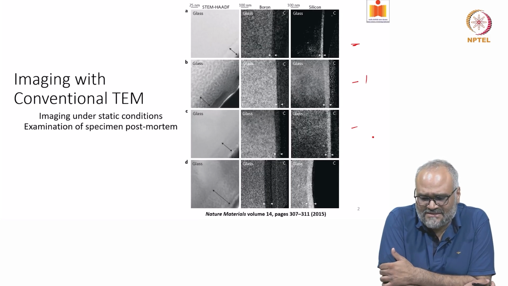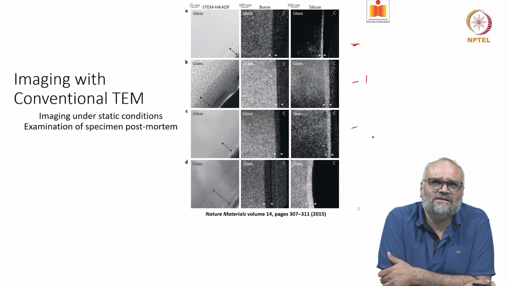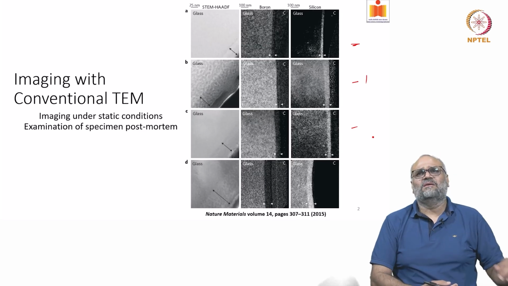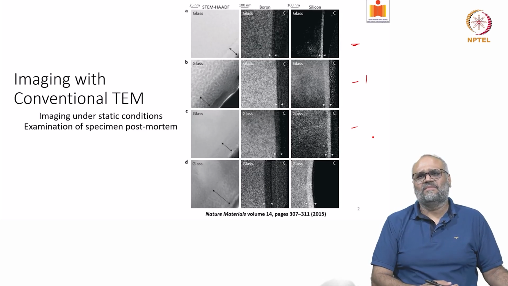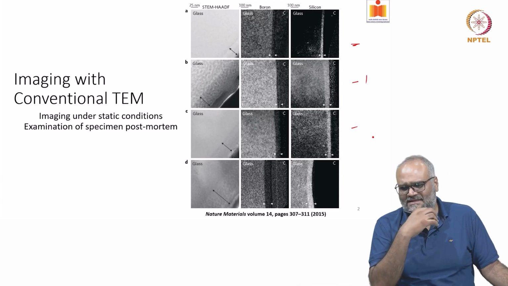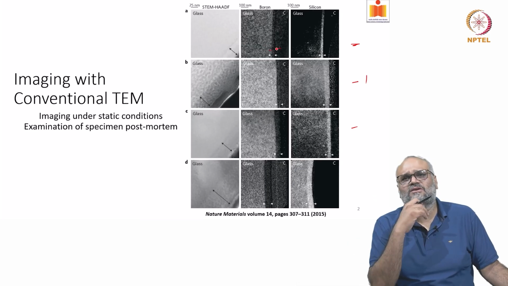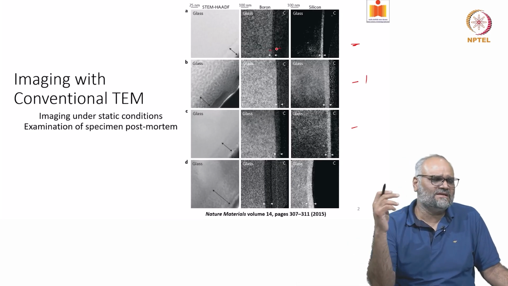So a big challenge is visualizing light elements in transmission electron microscope, particularly the elements which are very low in atomic number, and we could see that boron and silicon could be mapped pretty well, and there is some kind of an alteration in the boron composition here, and that was quite interesting.